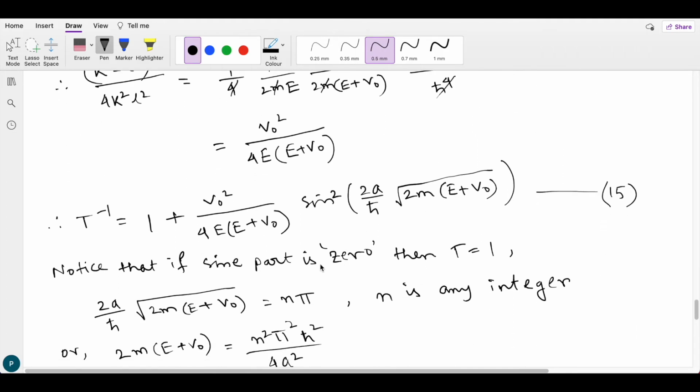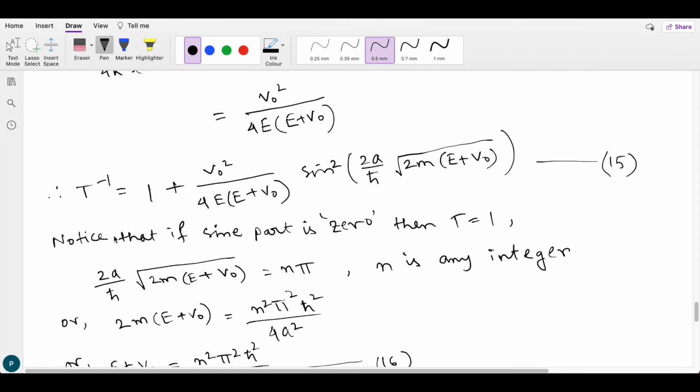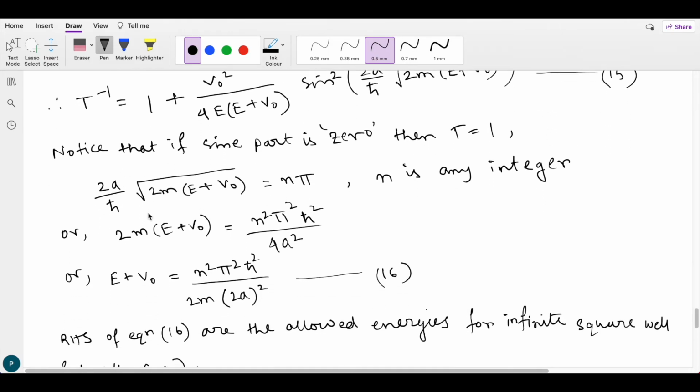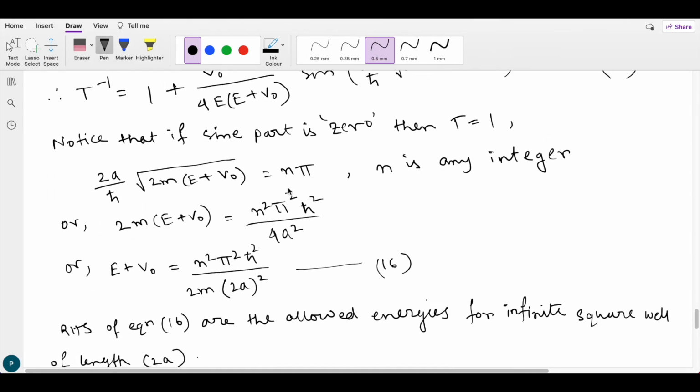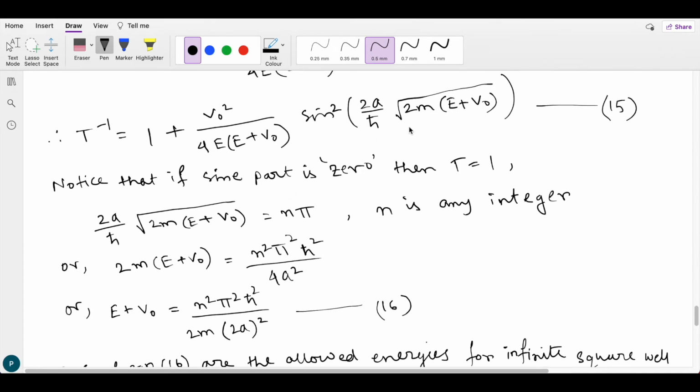Just put those in and we can get T inverse as 1 plus v naught square by 4e into (e plus v naught) sin square of 2a by h bar root over 2m (e plus v naught). Notice that if the sine part of this equation is 0, then we can get T as 1, that is, the particle will pass through the barrier completely.